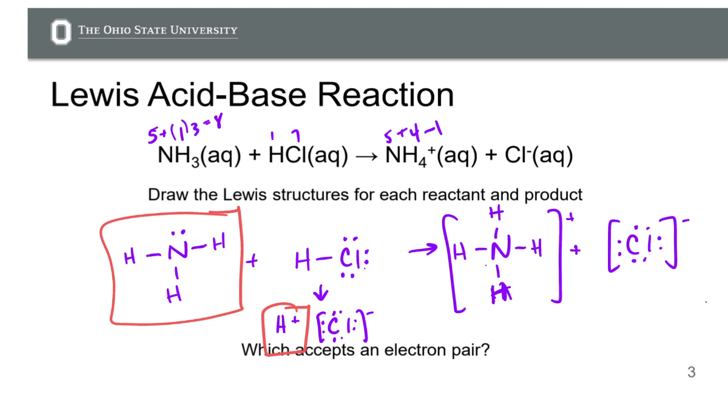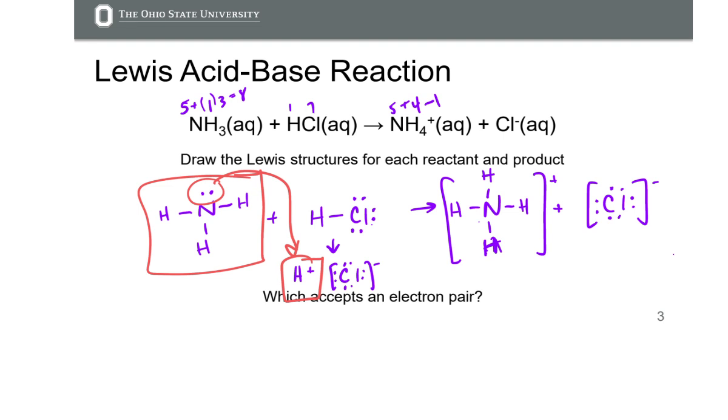And because we're using the Lewis definition of acids and bases, we know that a Lewis acid is going to accept an electron pair, and a Lewis base is going to donate an electron pair. So the species that's boxed in red that has a lone pair to donate is the ammonia. Okay, so these electrons are going to be donated to the hydrogen to form a covalent bond, which means that the H plus accepts an electron pair.